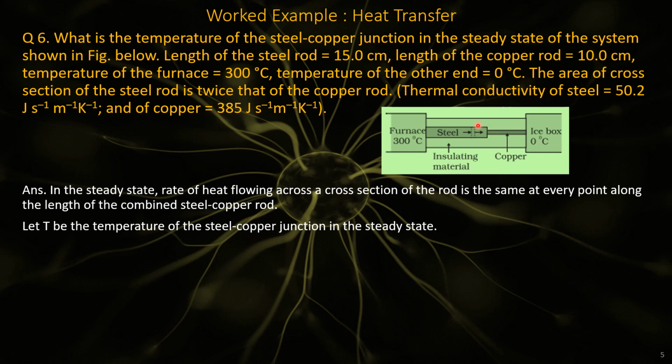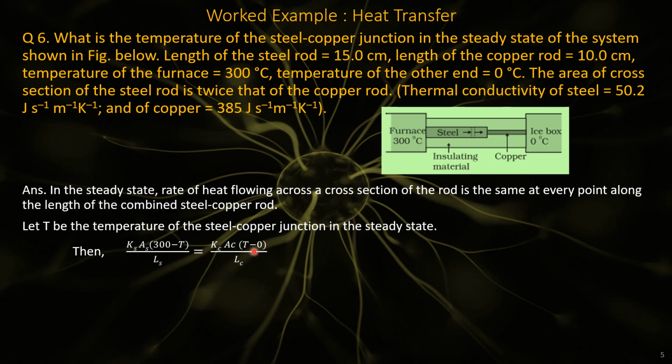So this is the steel copper junction in the steady state. Therefore, thermal conductivity of steel into area of cross section of steel into the temperature difference 300 minus T divided by length of steel rod should be equal to thermal conductivity of copper into AC, that is area of cross section of copper, into T minus 0 divided by LC.